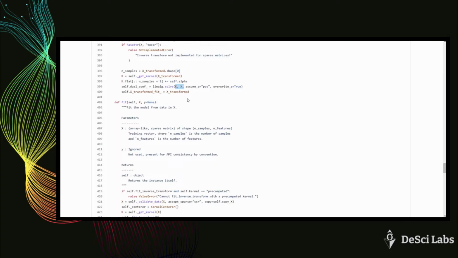So here you can accept some tolerance and pick the value that you want. And here, for example, they are adding this kernel with this alpha, and this alpha is the same regularizer that I mentioned.